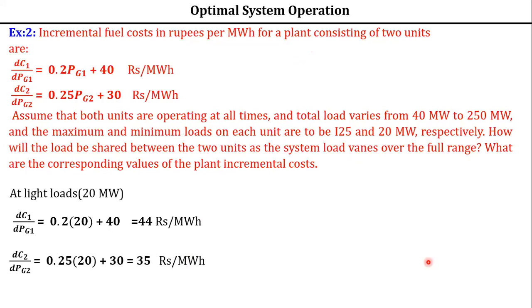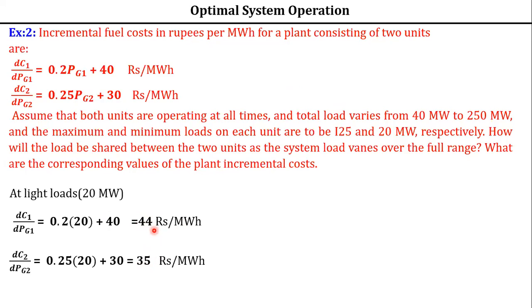Yes, I am getting the answer. Second one. Sushumna has given the answer. The second one, obviously, isn't it? Because the incremental fuel cost is less, 35 rupees at light loads. However, the incremental fuel cost for unit 1 is 44 rupees per megawatt hour.